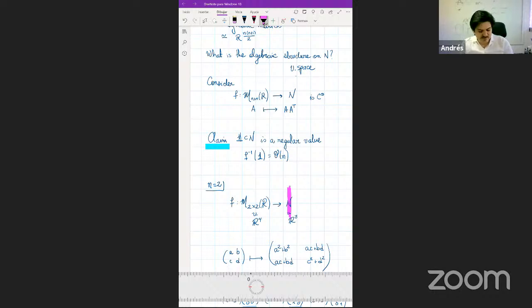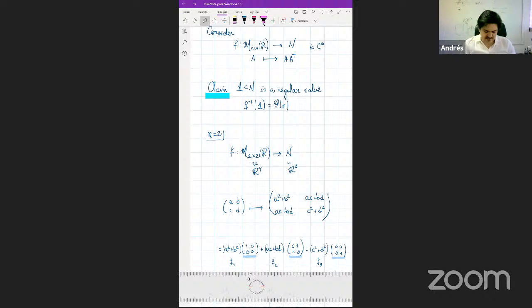So let me write down F in terms of the entries so that I know what the coordinate functions of F are. I'm taking these elements to be my basis of this vector space. And with those coordinates, F has these coordinate functions, F1, F2, and F3.